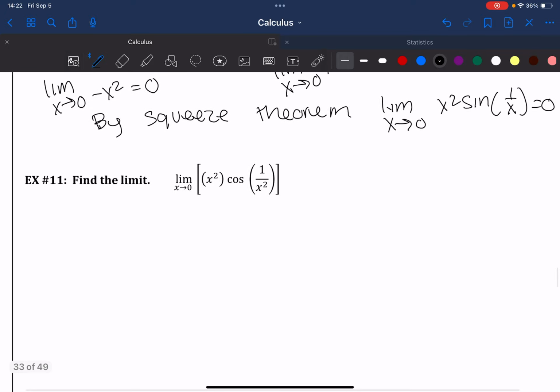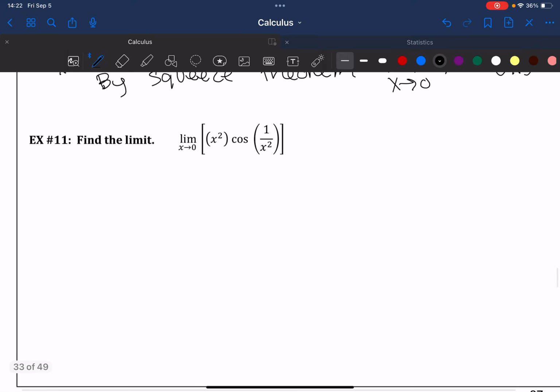And then I can do the same thing here on this one. So I would say that the range of cosine is the same as sine, so negative 1 less than or equal to cosine x less than or equal to 1. So that's the same as saying cosine of 1 over x squared. Multiply everything by x squared.